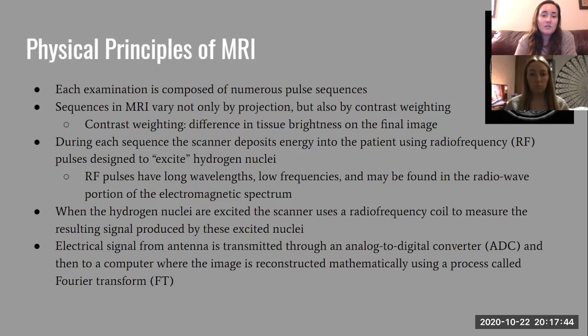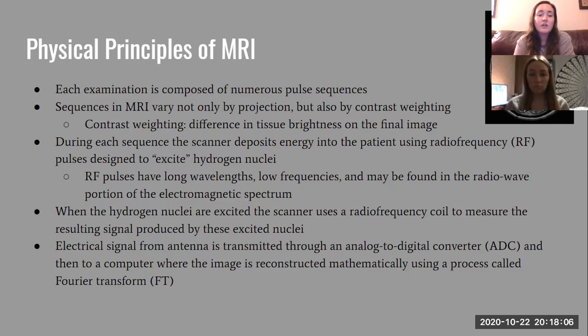During each sequence, the scanner deposits energy into the patient using radio frequency or RF pulses designed to excite hydrogen nuclei. RF pulses have long wavelengths, low frequencies, and may be found in the radio wave portion of the electromagnetic spectrum.